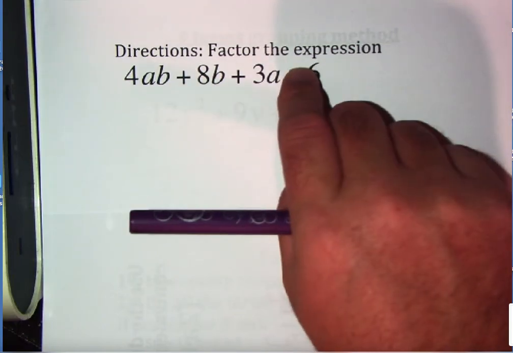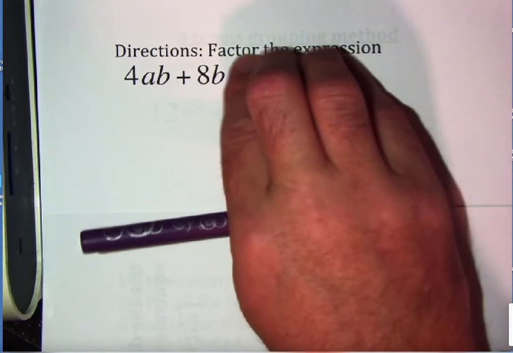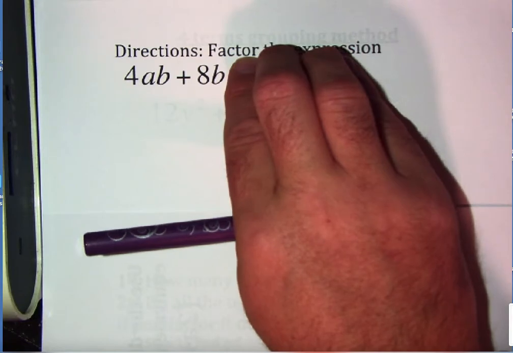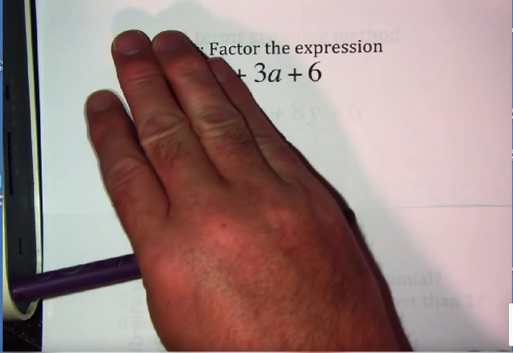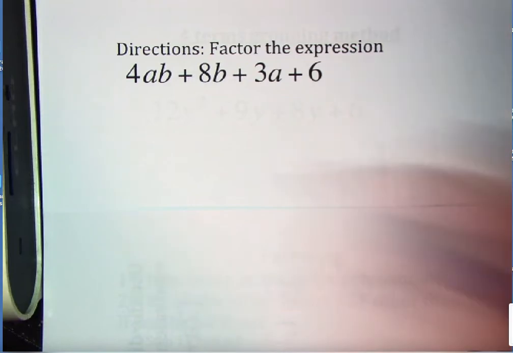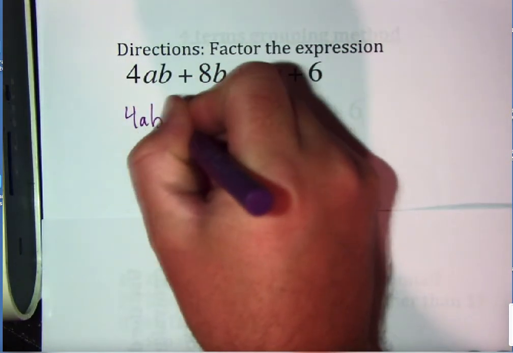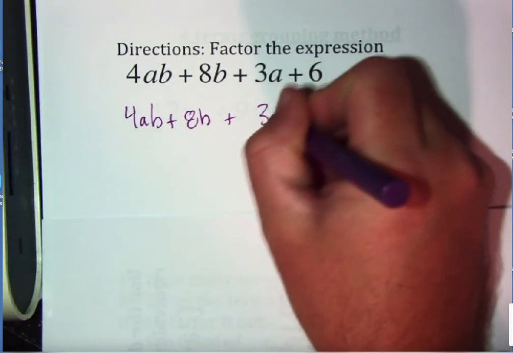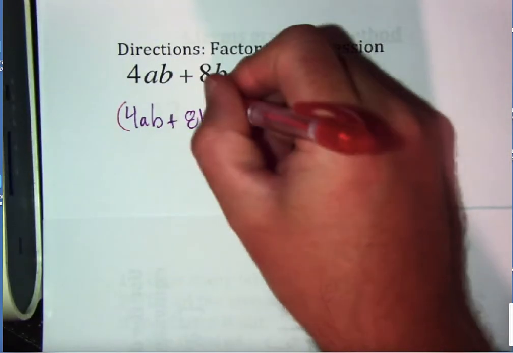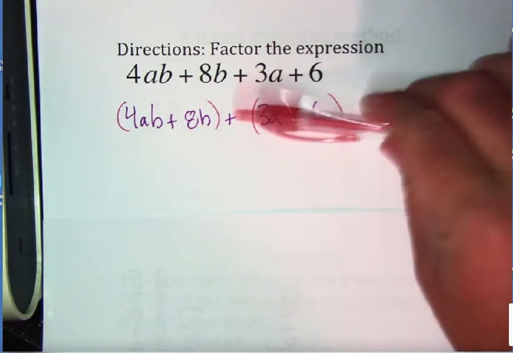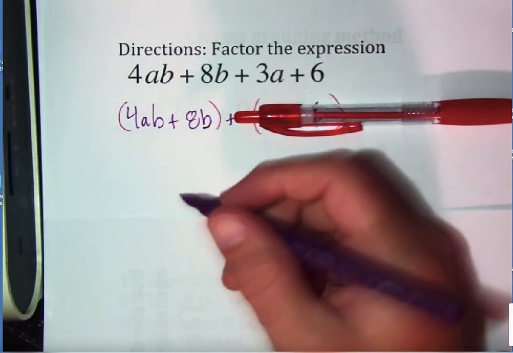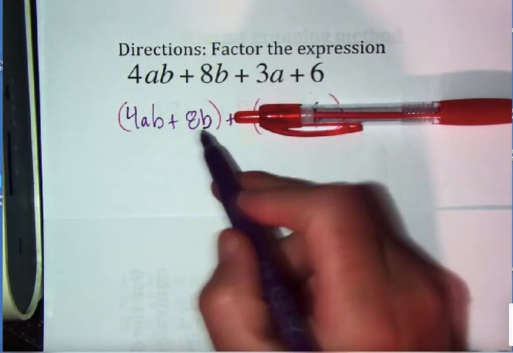But do you know what? Here's something interesting. The first 2 have a GCF, right? And the second 2 have a GCF, right? So what we're going to do is focus on 2 at a time. So what we're going to do, and we're going to group, it's called, because 2 of them have GCFs, right? Things in common. So we can start there. So we have 4AB and 8B.